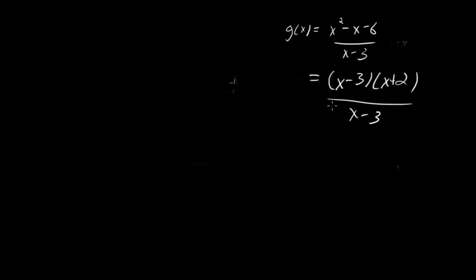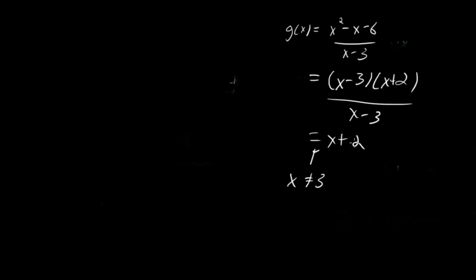If we divide both numerator and denominator by x minus 3, we get x plus 2. But in order for us to have done this step, x cannot be equal to 3, right? If it is equal to 3, that would necessitate dividing both numerator and denominator by 0, and we cannot do that.